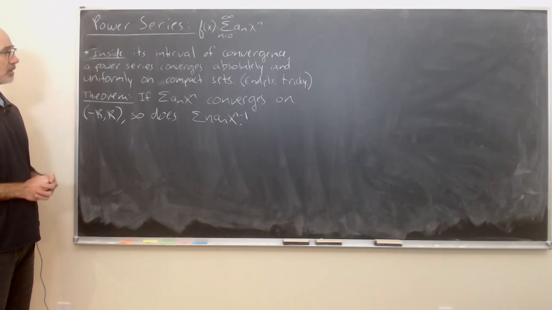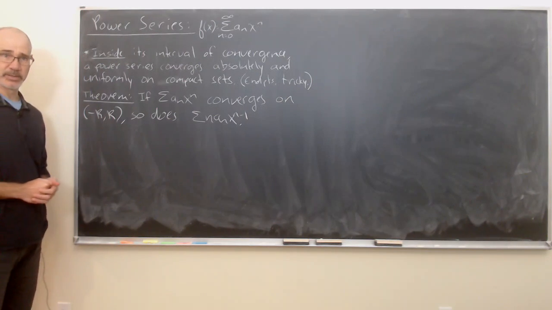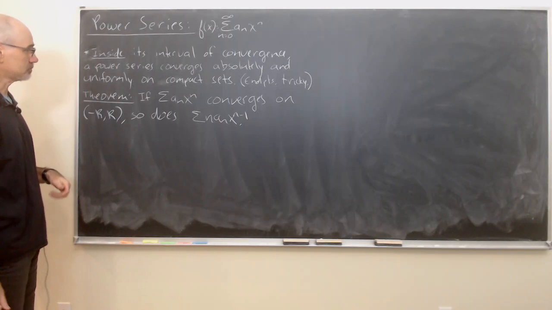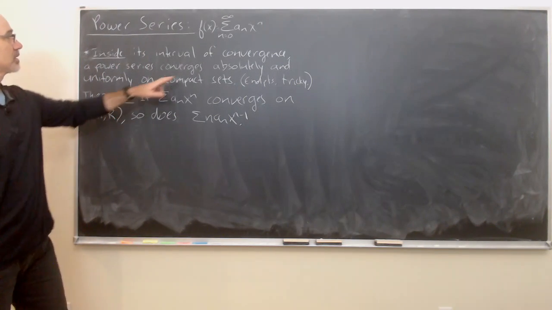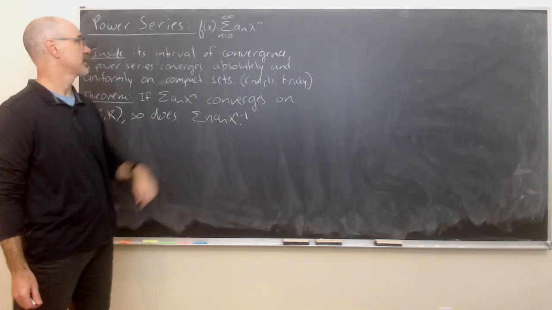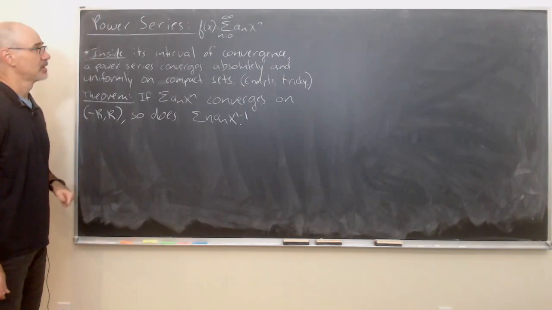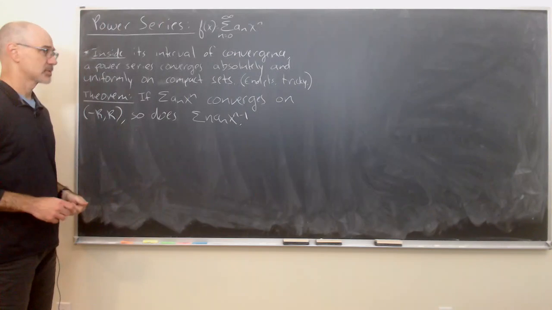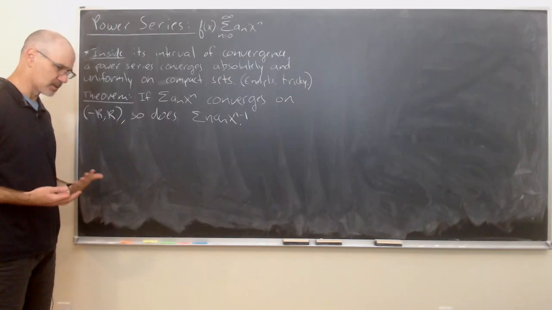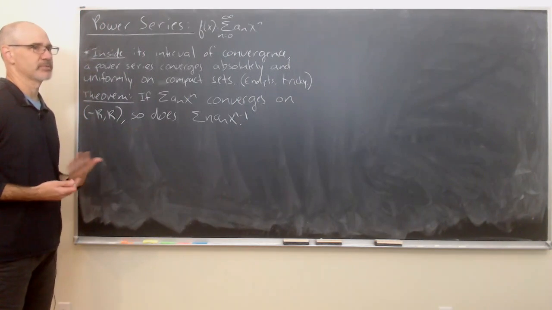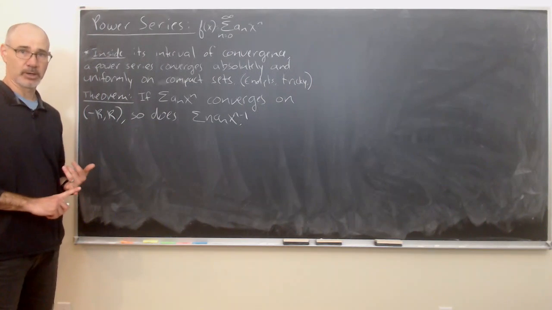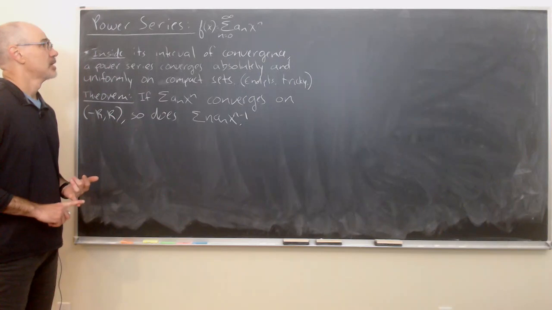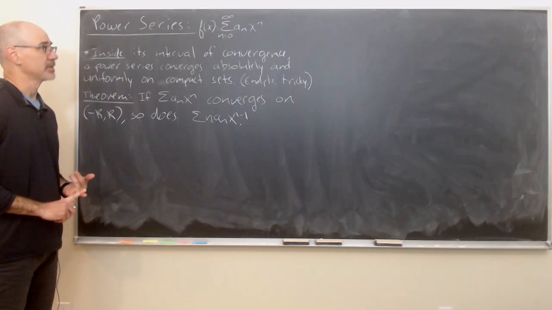So I wanted to kind of sum up what's happened in the previous results for the section. And that is that if we start with some power series that defines a function f of x, we know that that converges in some interval of convergence. And we're sort of thinking of an interval broadly in that it could be all of R, that would be an infinite interval, or it could be only the point 0.